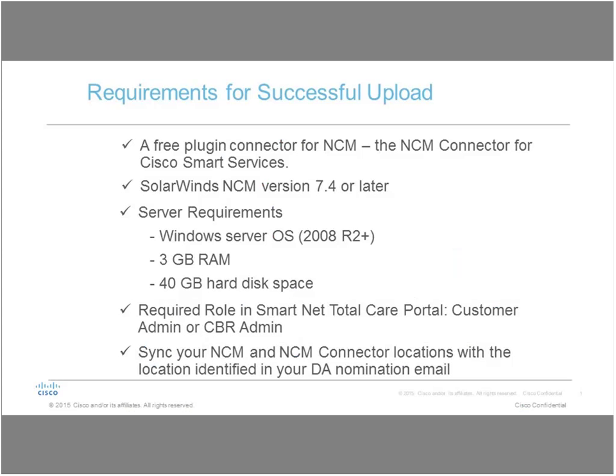In addition, you want to make sure that you're using the SolarWinds NCM version 7.4 or later. And there are some server requirements, and you can see them here on the screen. You are looking for 3 gigabytes of RAM, 40 gigabytes of hard disk, and Windows Server.